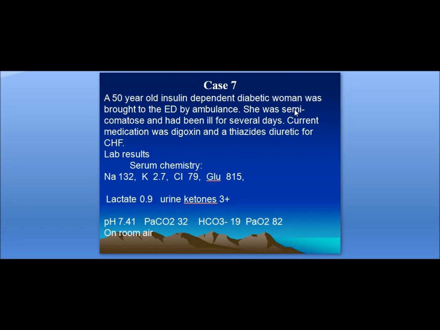From this history, I have two pathologies. Number 1, the stable state of this case is congestive heart failure and she is diabetic, but most probably some sort of problem happened with the diabetes to make her semi-comatose.